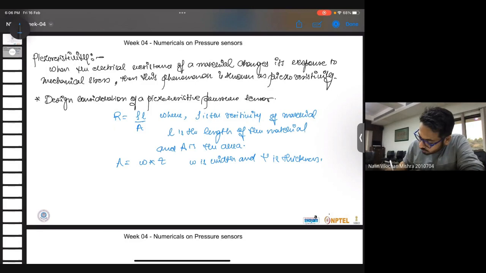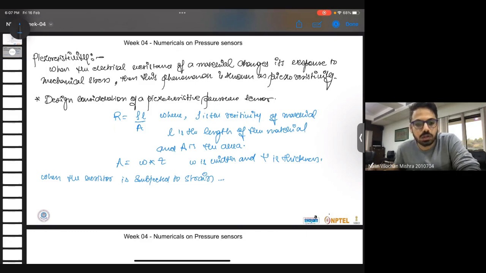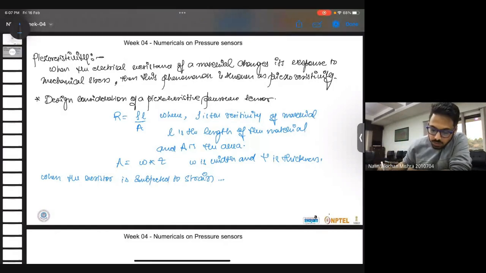So when the resistor is subjected to strain, what will happen? When the resistor is subjected to strain, there should be some change in the resistance. Okay.